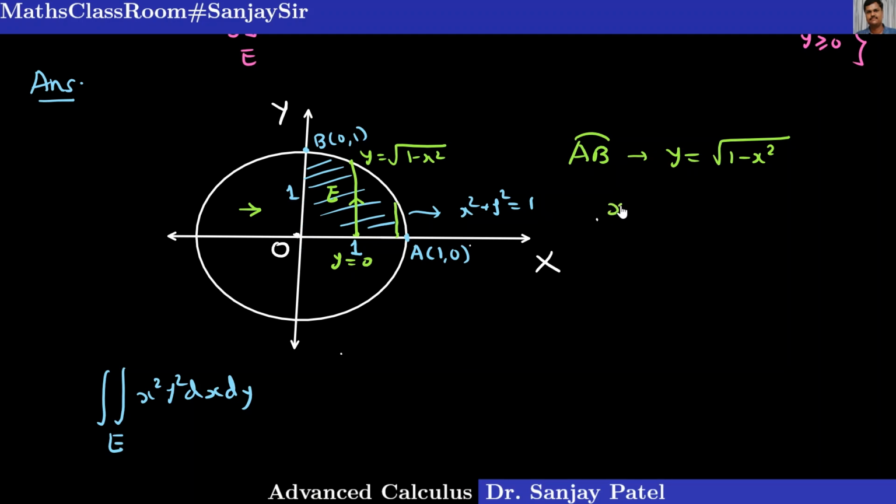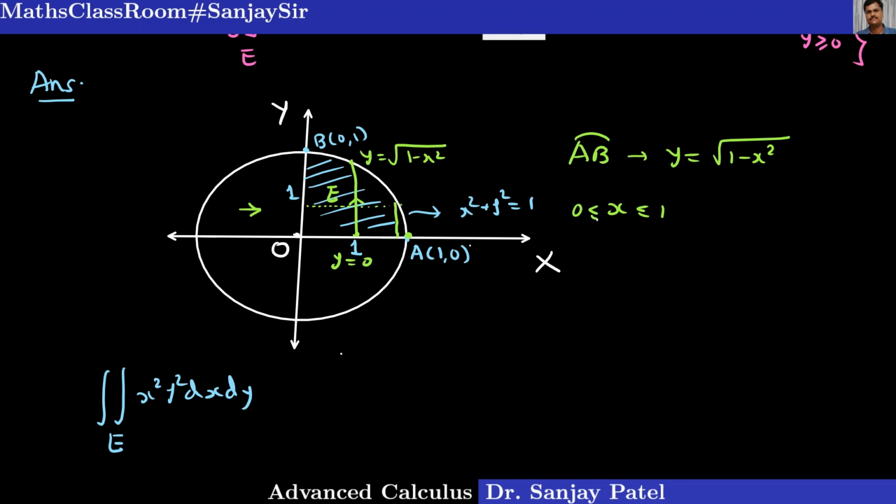So the minimum value of x is 0. If we keep walking in this direction and move out of the region, the maximum value of the x coordinate is obtained at this point, and that is 1. So x is always less than or equal to 1. In short, in our region E, x lies between 0 and 1.